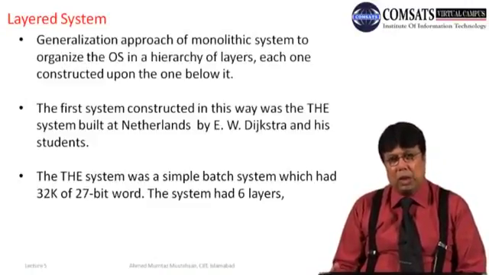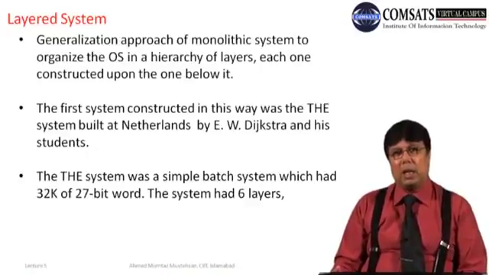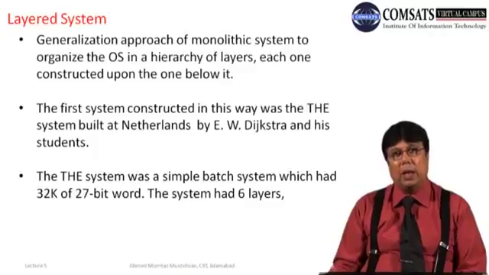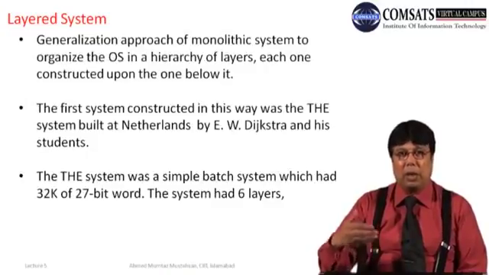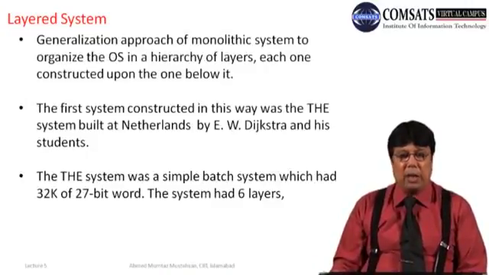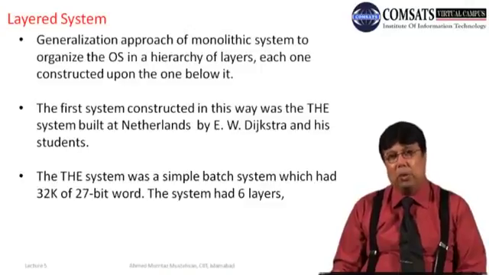Earlier we discussed logical layers, rather assumed them. Now we will see that there are real layers, physical layers, and these layers are hierarchical, built one after the other, one over the other, and each one is constructed upon the one below it.